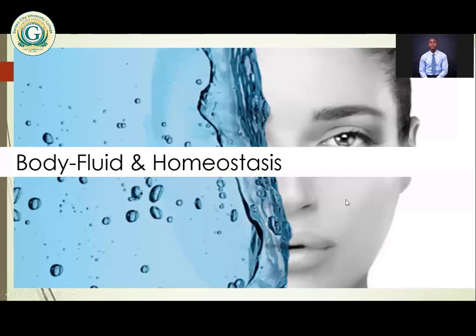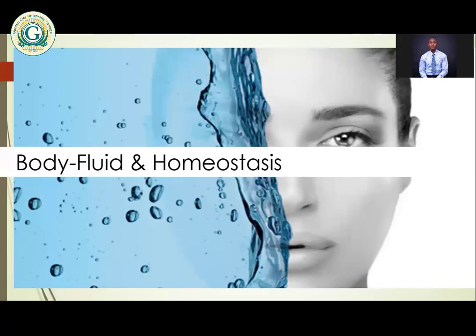Body fluids and homeostasis. With this chapter, we are going to look at the various body fluids that we have: what is found inside the cell, what is found outside the cell, and the various types of fluid that are found outside the cell. We also look at homeostasis. How is it that the body is able to maintain a nearly constant internal environment despite the changes that occur around you?